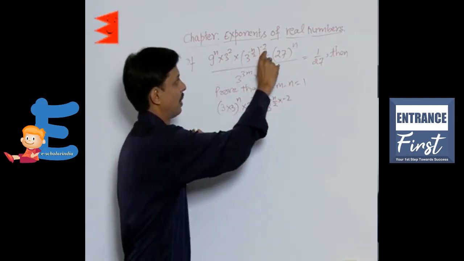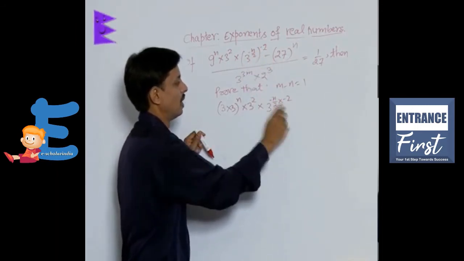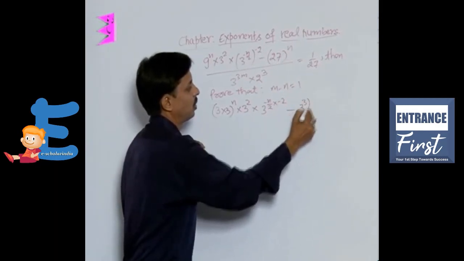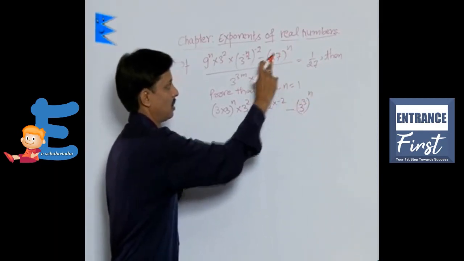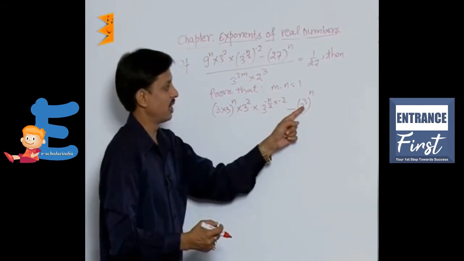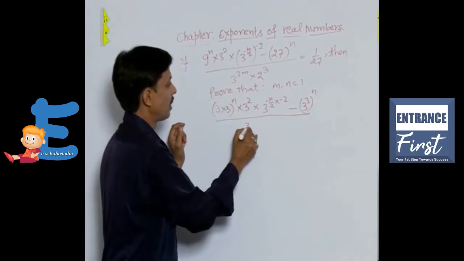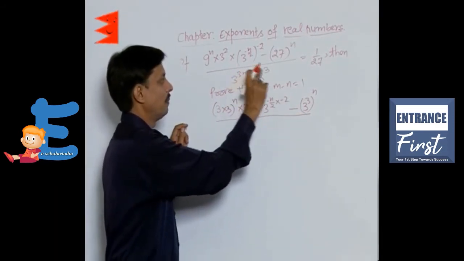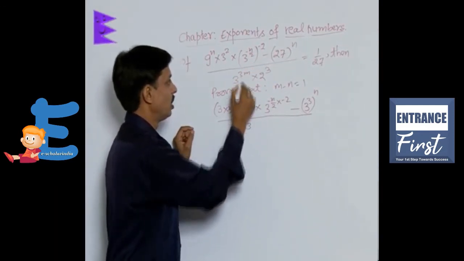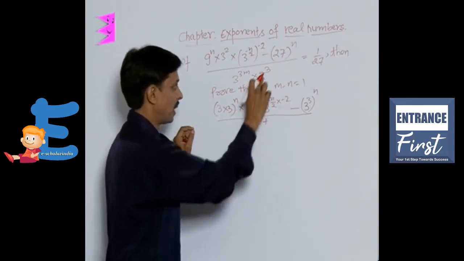Because power is to power, the base will remain the same and the powers will be multiplied. Minus 27 can be written as 3 cubed and that's to the power n. Same, 27 is composite, can be written as 3 into 3 into 3, which I can write as 3 cubed. This is divided by 3 to the power 3m and this is 3.